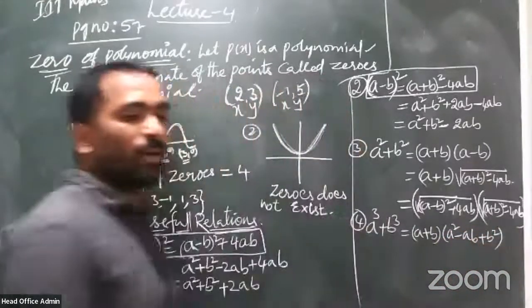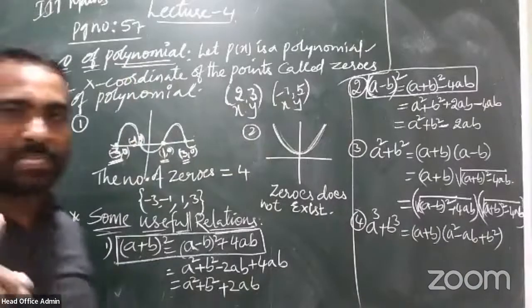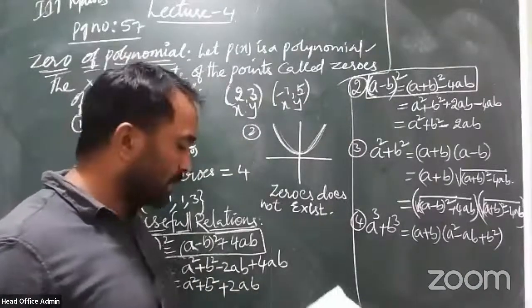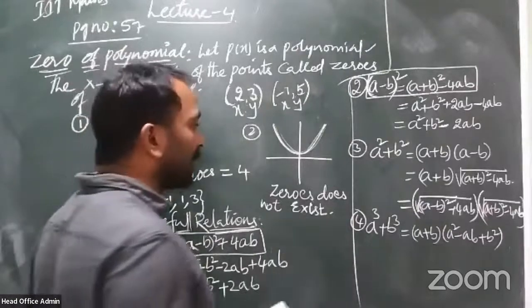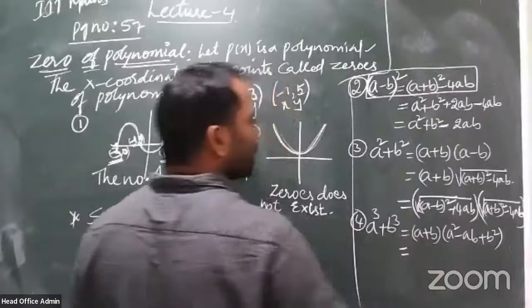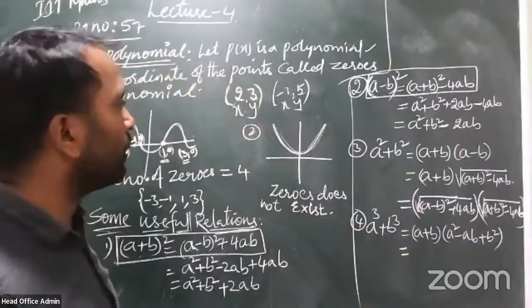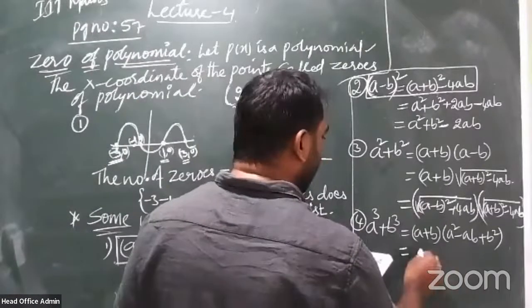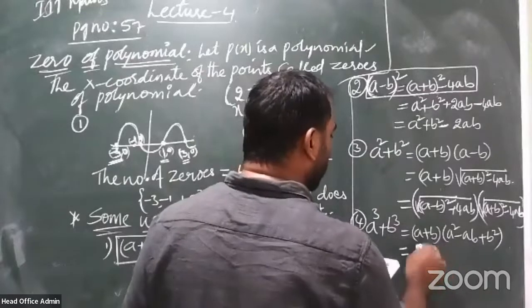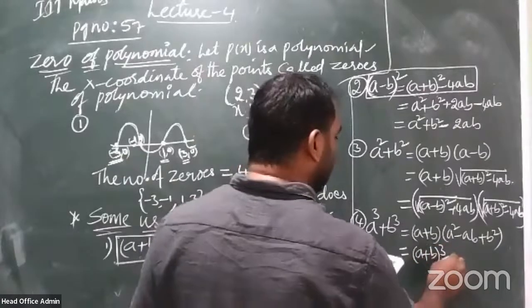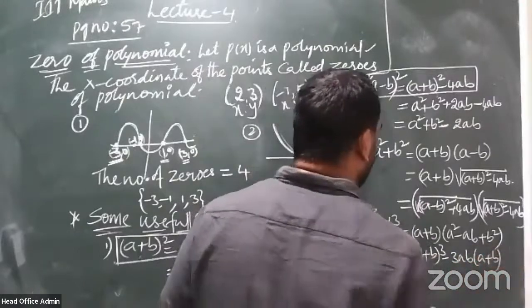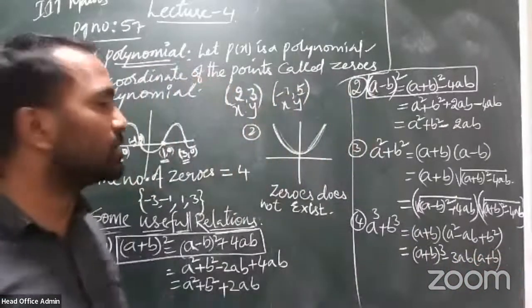But we can also write this as (a plus b) whole cube minus 3ab into (a plus b).